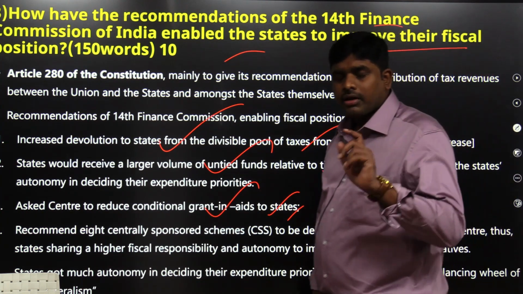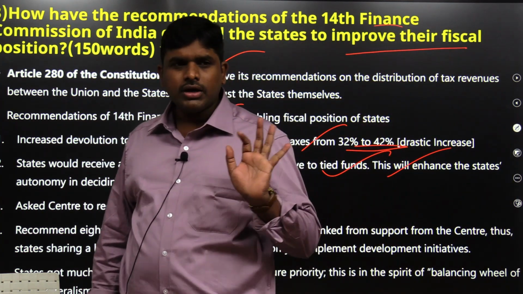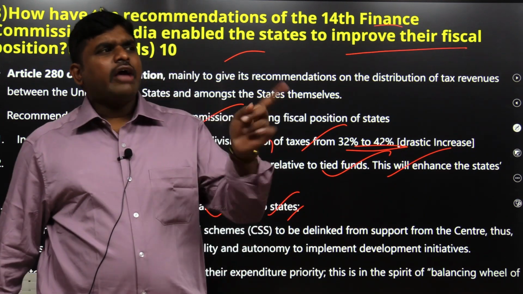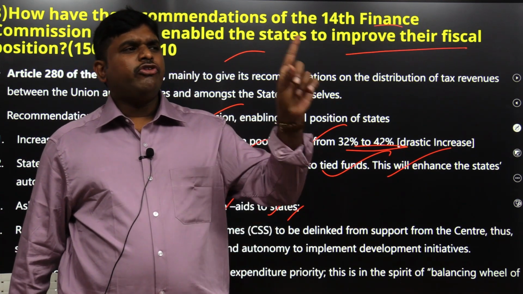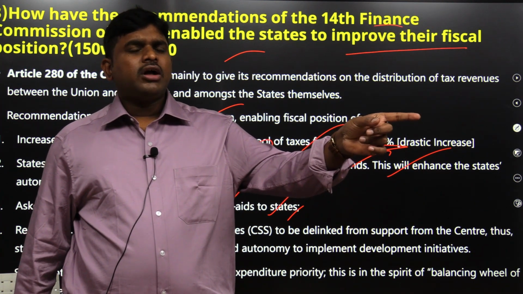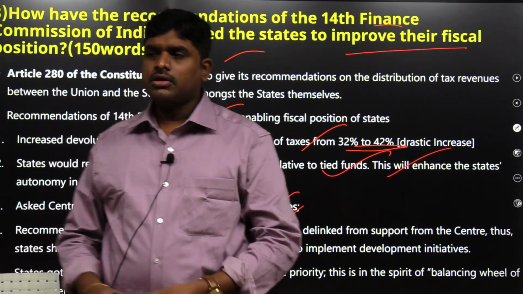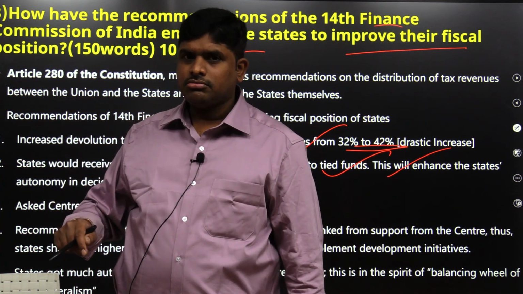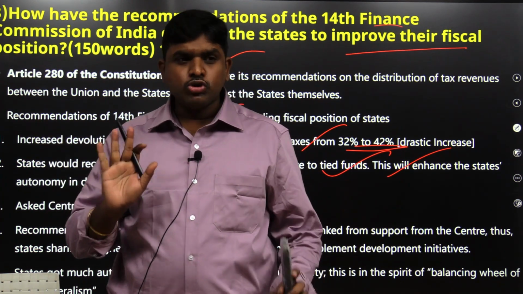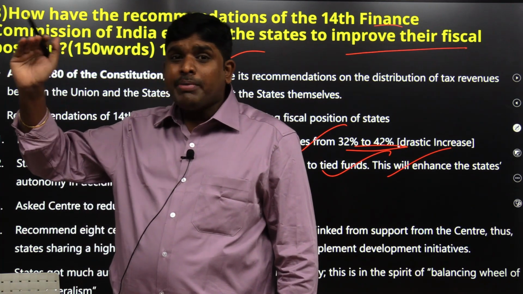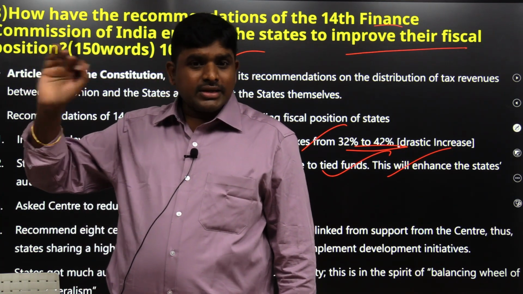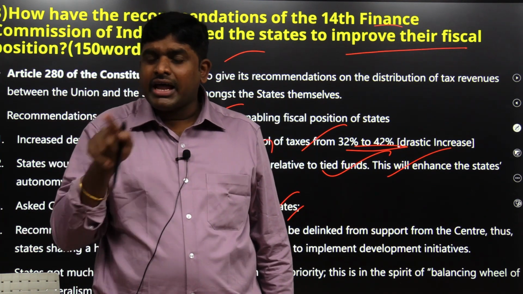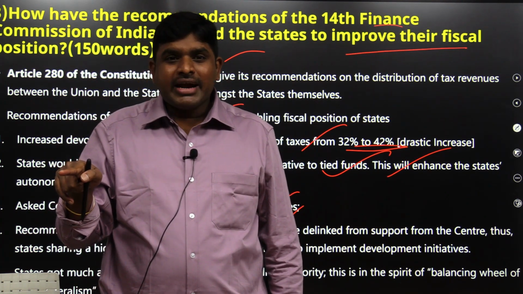Another point, the 14th Finance Commission told that some conditions were being fixed, like I will give you funds if you collect this much tax, if your literacy rate is this much, if your IMR is this much. That is good only. But the target should be practical. But the central government gave impractical targets.